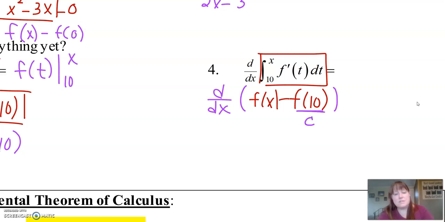This is a constant. So let's take the derivative. Well, the derivative of f of x would be f prime of x, correct? Okay, and the derivative of a constant is 0. So the derivative of this definite integral is just the function that was inside the definite integral with x instead of t, okay?